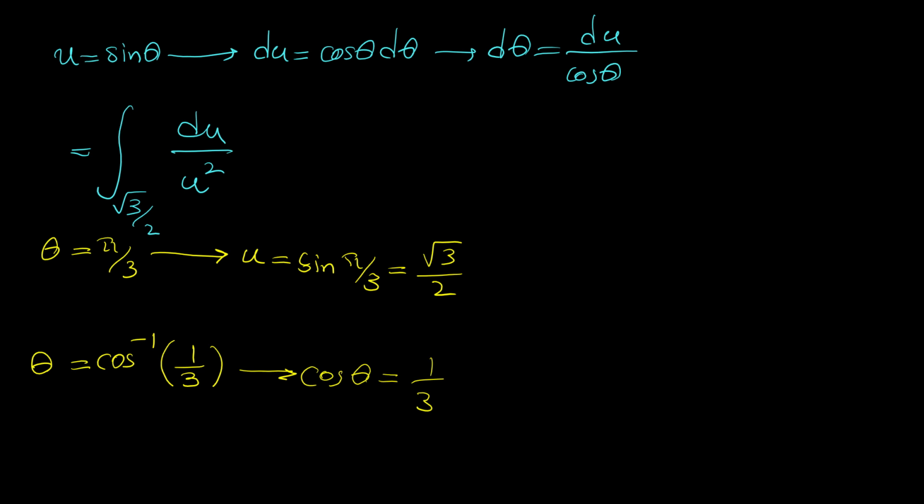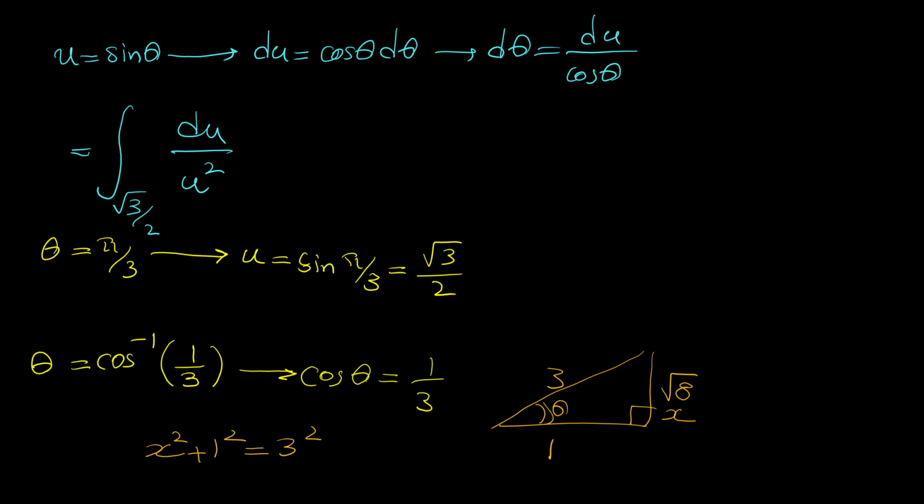If we draw a right triangle here, and we suppose here theta, then cosine is 1/3. So adjacent is 1, hypotenuse is 3. Cosine is adjacent over hypotenuse. Then by using the Pythagorean theorem, we can see that this is radical 8, a square root of 8. Because if we suppose this as x, x to the 2 plus 1 to the 2 is 3 to the 2, and from this x is a square root of 8. Now that we have this triangle, we are looking for sine of this theta.